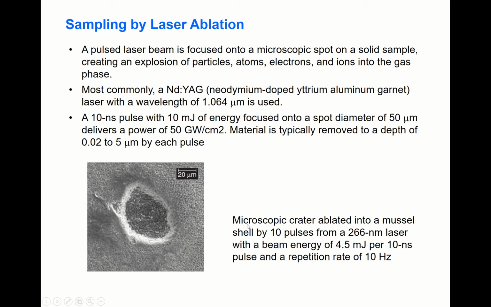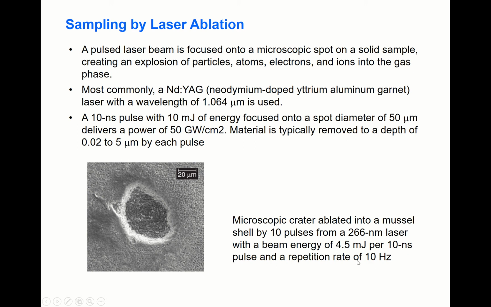The microscopic crater ablated into a mussel shell by 10 pulses from a 266 nanometer laser with a beam energy of 4.5 millijoule per 10 nanosecond pulse, and the repetition rate is 10 hertz. To have 10 pulses at 10 hertz, how many seconds is needed?